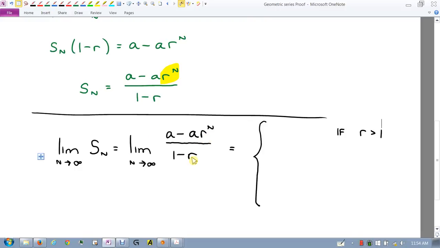And your denominator is just going to be sitting there at the same number the whole time. So that becomes infinite, doesn't it? And that's going to diverge. So if the r is bigger than 1, this is a divergent series. The geometric series diverges.